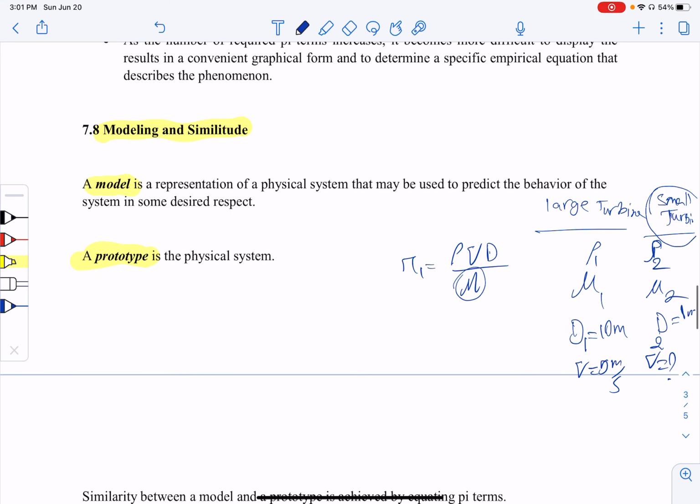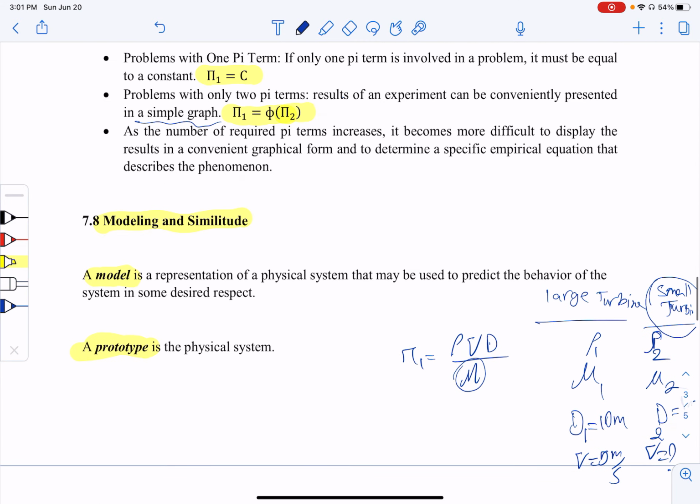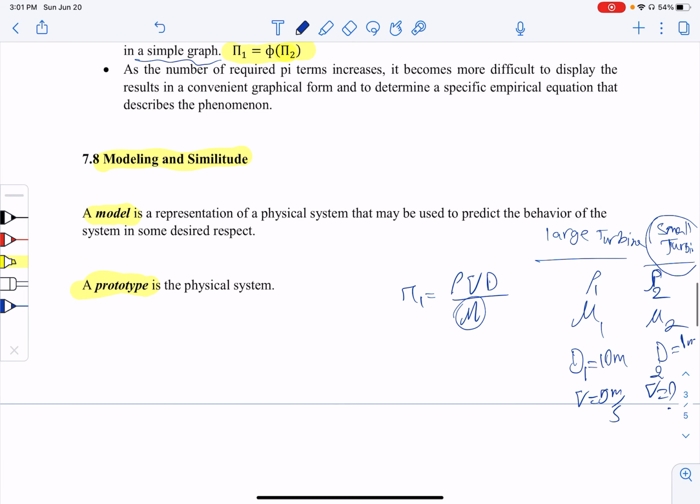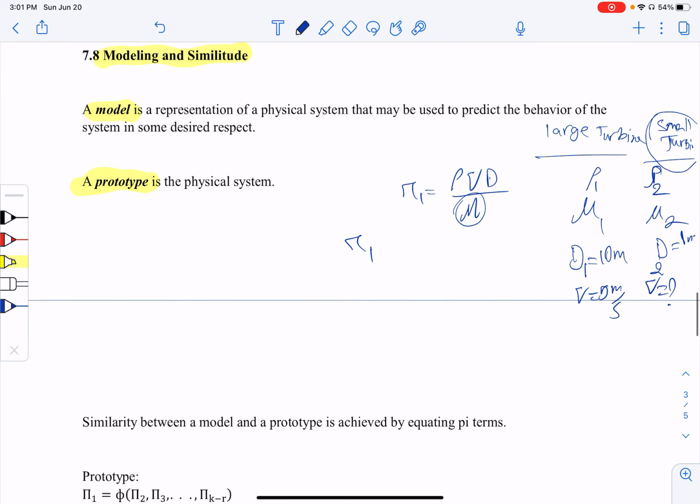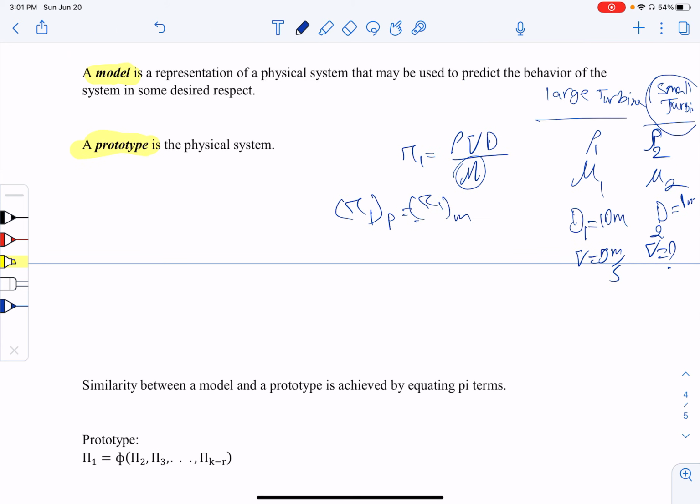This is why we need to know the relationship between the pi terms. So we are going to say that pi 1 of the prototype equals pi 1 of the model. What it means is that we know all of the variables for the prototype, so I'm going to write them down, and we don't need to consider p in this, but I just wanted to write it down.